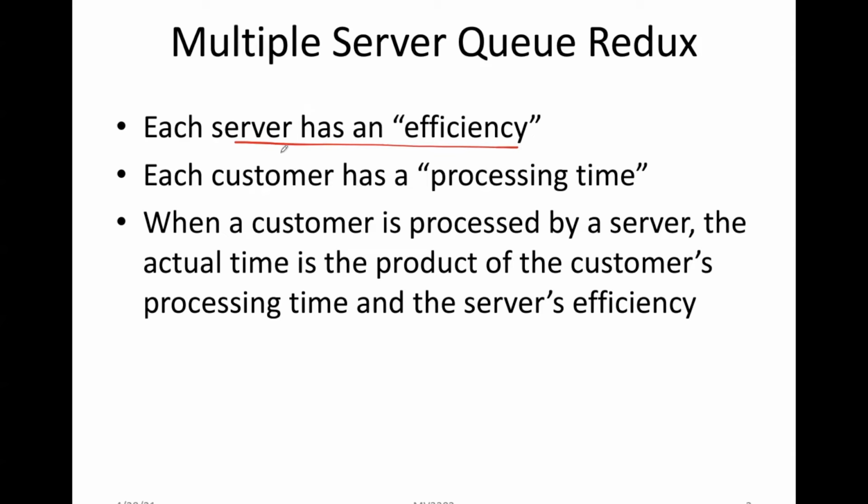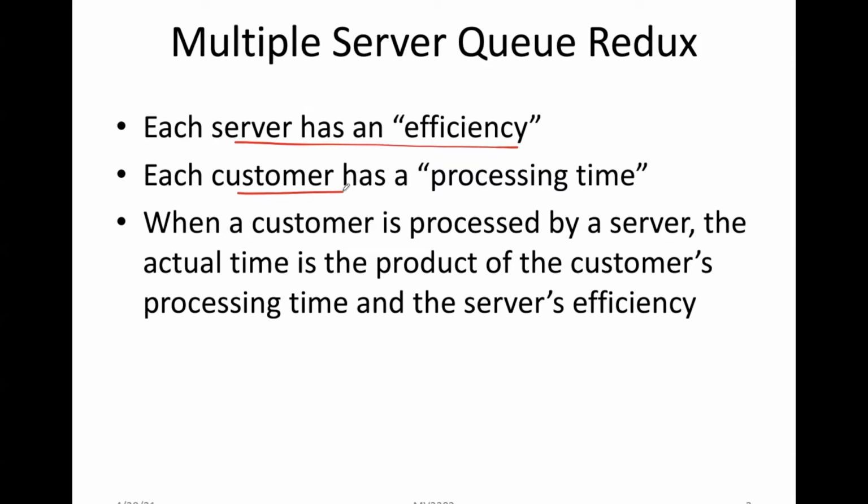And on top of that, we're also going to treat each customer as a unique thing, and they're going to carry their processing time along with them. So instead of having the queue specify the processing time, which a number of our models have, now each customer is going to carry their processing time along with them.